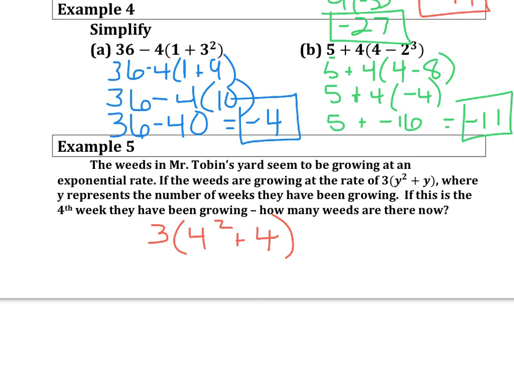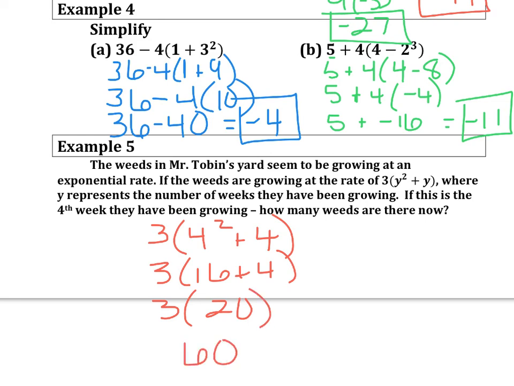And so if we're simplifying this, we'll do our exponent first. 4 squared will be 16. And then we'll add within the parentheses, so we will have 3 times 20. And ultimately we will get an answer of 60. So there would be 60 weeds at that time.